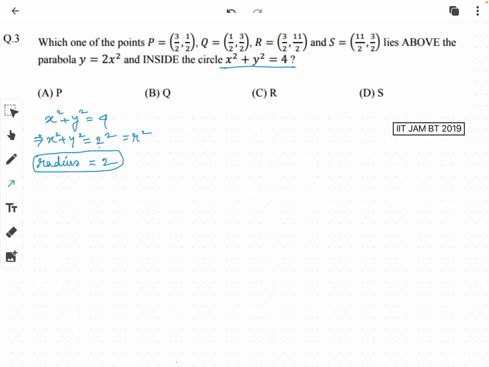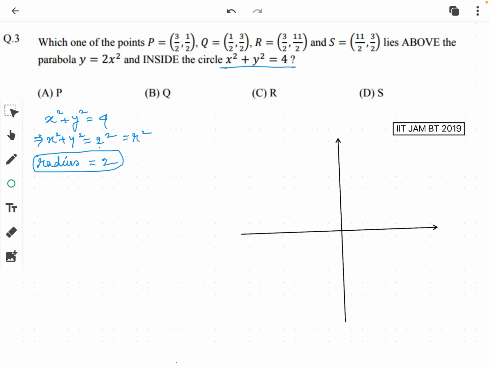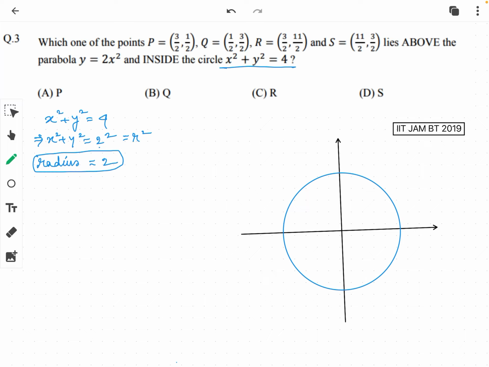Okay. Now let us draw the circle here first. Suppose this is the circle whose radius is 2. That means this point is plus 2 along x axis.